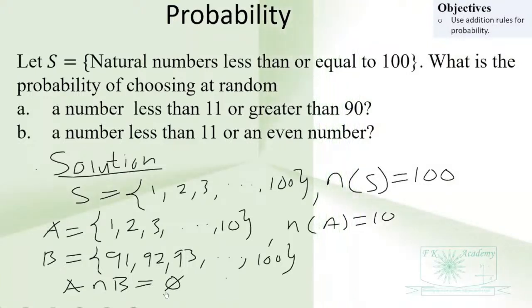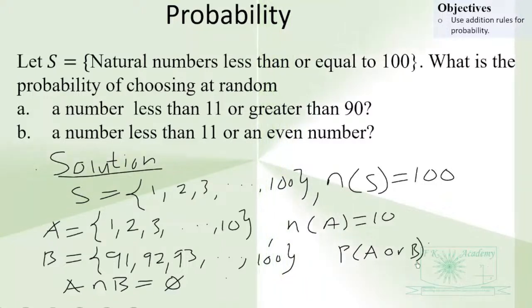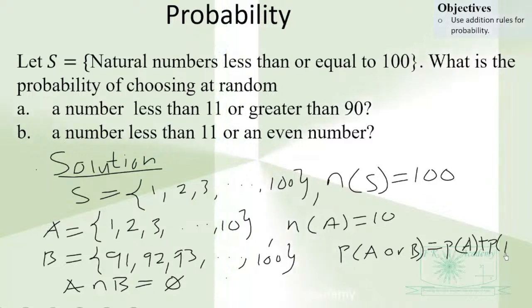Then we can find probability of A or B, which is equal to probability of A plus probability of B. This is a mutually exclusive event because A intersection B is a null set.